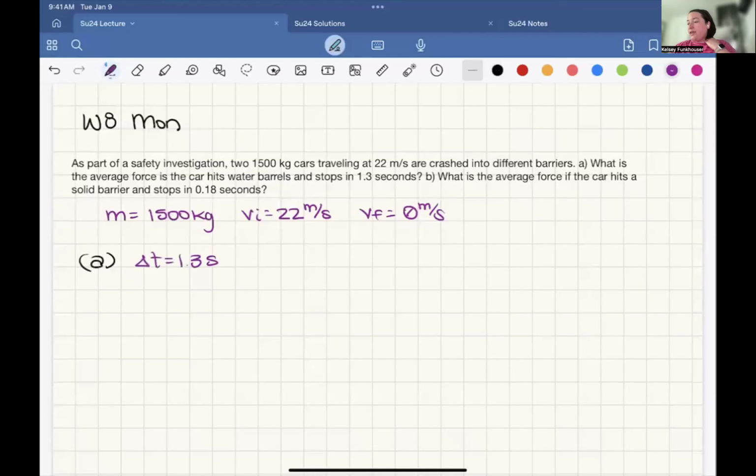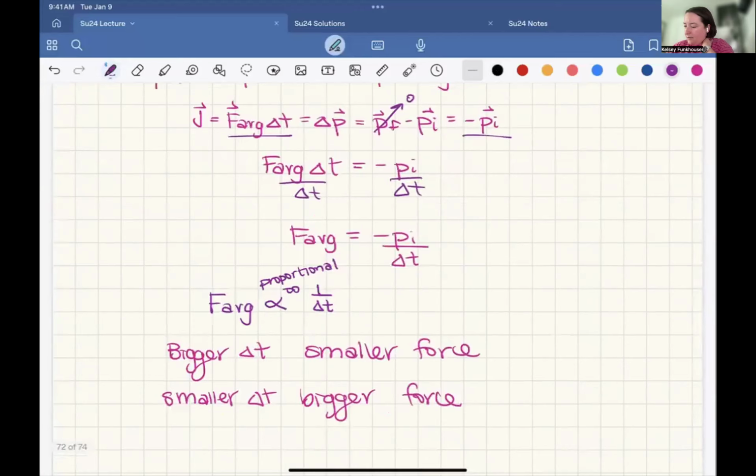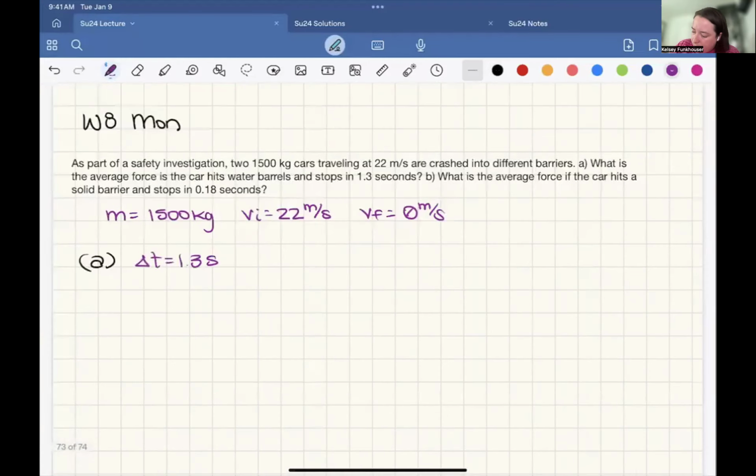And now, we're looking for the average force, and we just solved and saw that the average force is the negative initial momentum divided by the time interval. So we're going to use that. We're not going to rederive it. So momentum is mass times velocity.